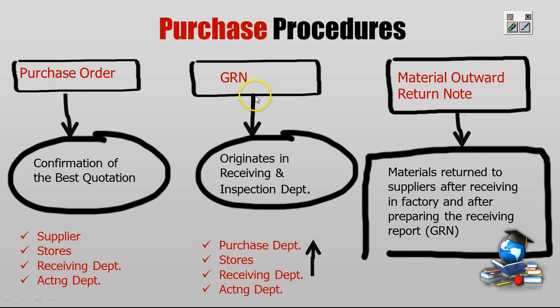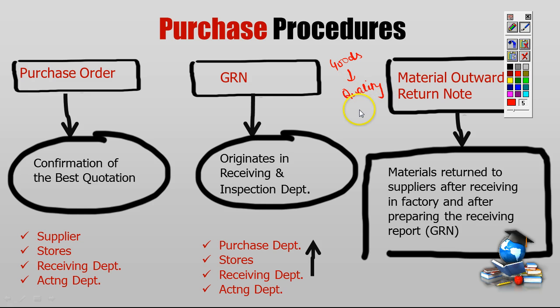Now we know about the goods received note. What is a material outward return note? After the goods are received, you have to check for quality.